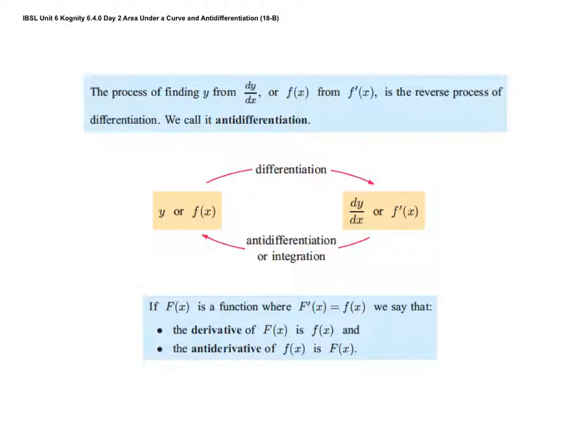So the derivative of capital F of x is f of x, and the antiderivative of f of x is capital F of x. That notation is important to understand, especially as we look at how to evaluate definite integrals. We're not going to get to evaluating definite integrals today, but we're going to build to that. The first thing that we need to focus on is how do we get what this capital F of x is.